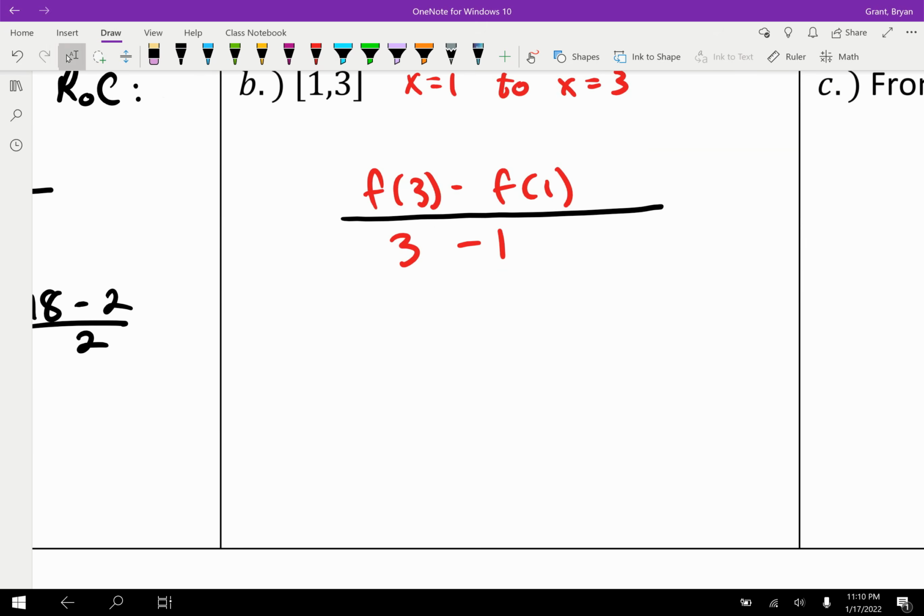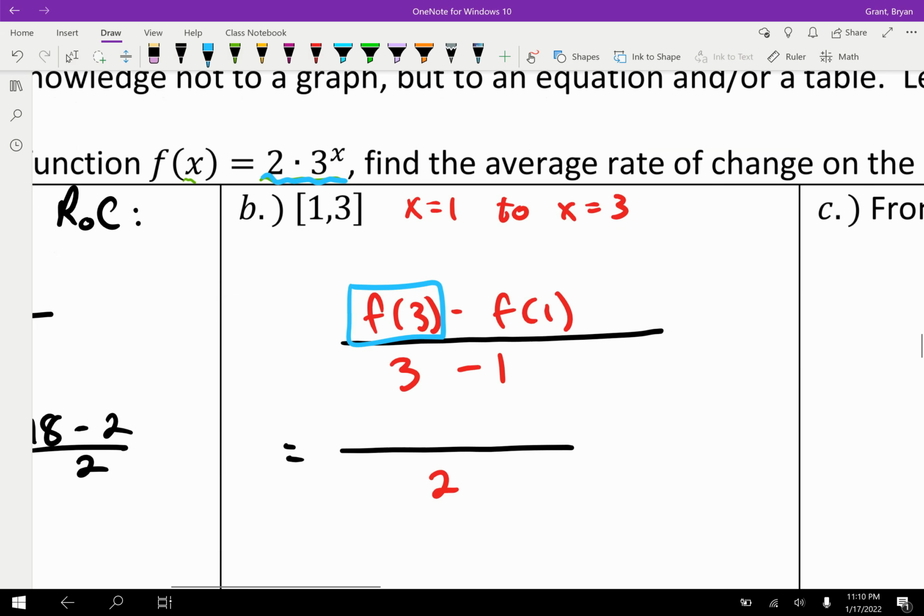Okay, let's work this out. 3 minus 1, not too awful. F of 3, though, let's color coordinate, is going to be 2 times 3 to the third power minus, and then f of 1 is 2 times 3 to the first power.